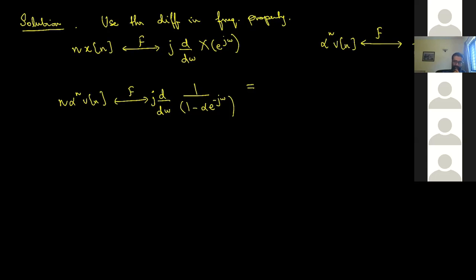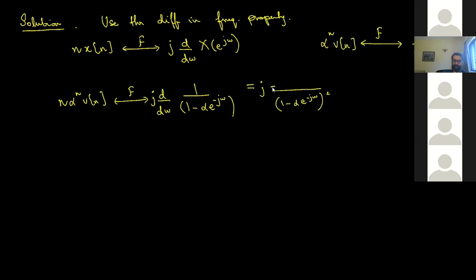Okay, good. That's right. So the way I'm going to differentiate this is like this, right? This is the j which I had on the outside. This is 1 minus alpha e raised to minus j omega whole squared. And there is a minus sign because this was raised to power minus 1, that minus 1 came down. Then I differentiate alpha e raised to power minus j omega with respect to omega.